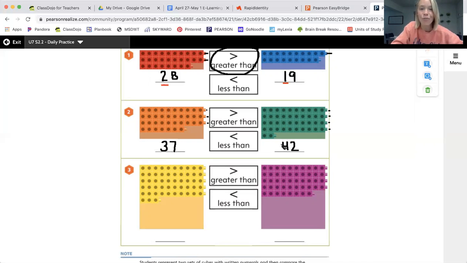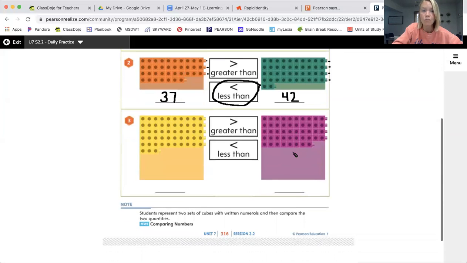Yeah, he's going to eat 42. So I know that 42 is greater than 37 because I see that there are 4 groups of 10, 1, 2, 3, 4 over here. And I see that there's only 1, 2, 3 groups of 10. So that means that 37 is less than 42.